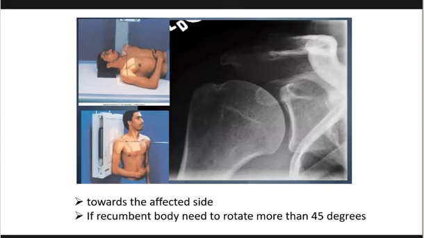If you look at the image on the right, that is the glenoid cavity. Okay, so that is the Grashey method or AP oblique projection.